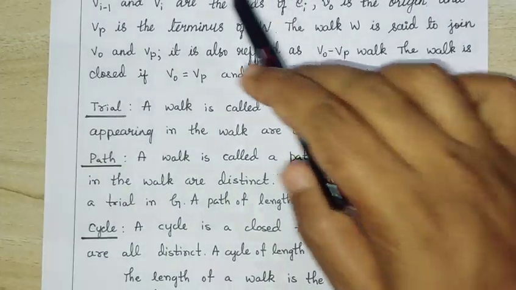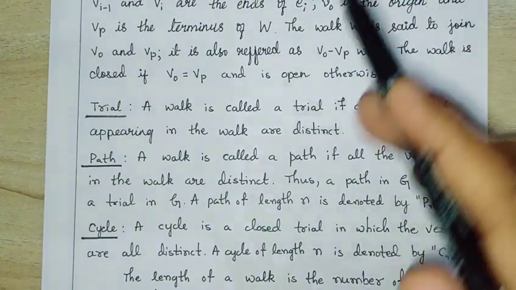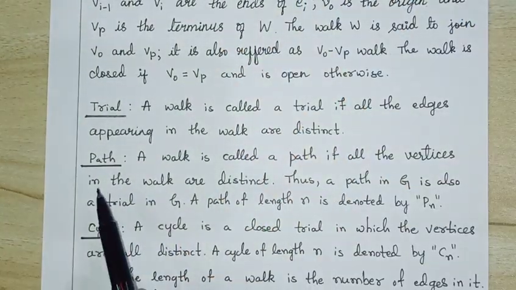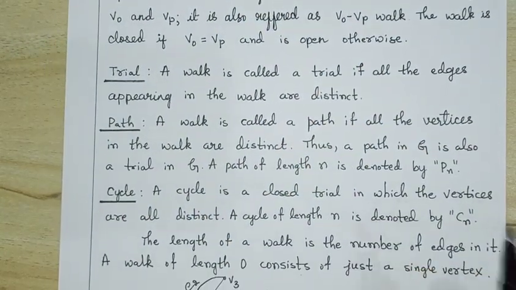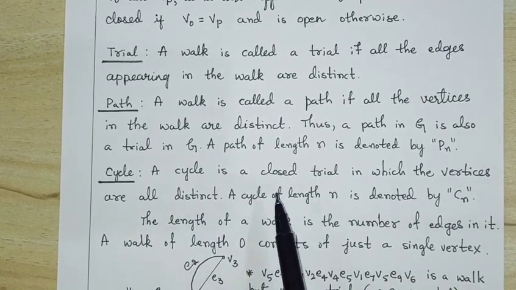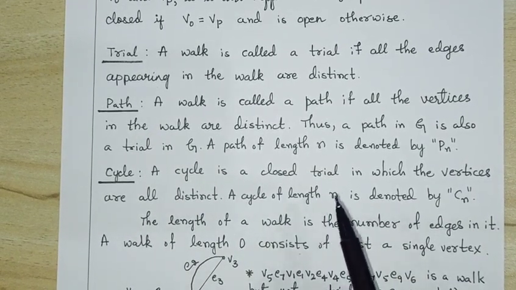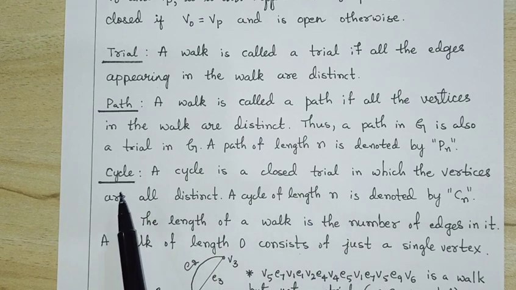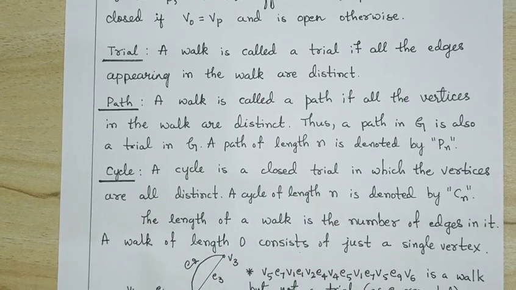If all the vertices are distinct, then I can say that the walk is a path. And cycle. So cycle means if we have a closed walk which contains distinct vertices and distinct edges, in such a case we can say that it is a cycle.